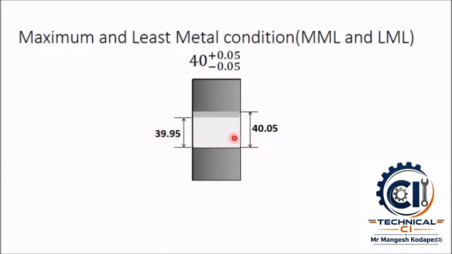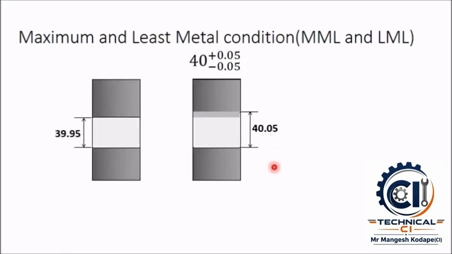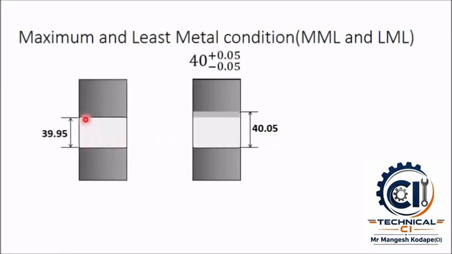That means any plate having a hole between 39.95 mm and 40.05 mm is acceptable. Now this is the condition when the hole diameter is 39.95. In this condition the hole diameter is less, and therefore maximum material will be here. Therefore this condition is maximum metal condition.